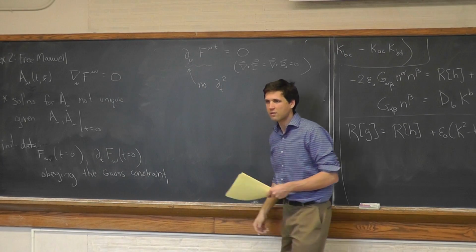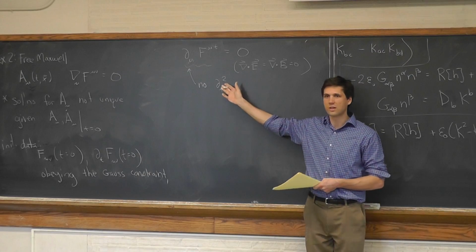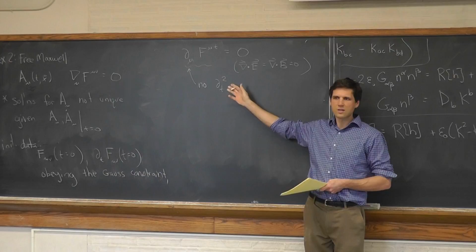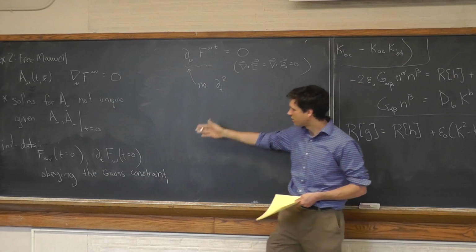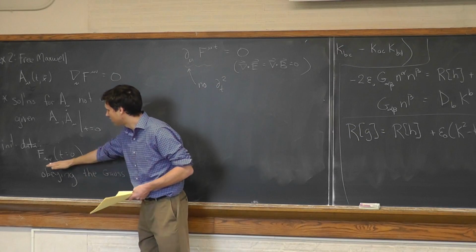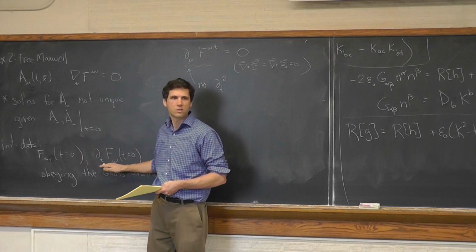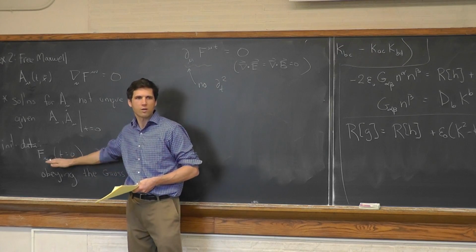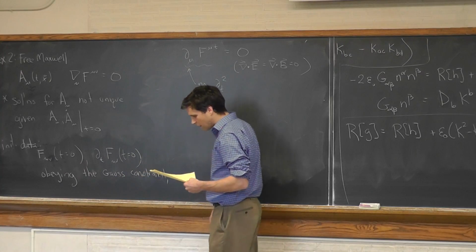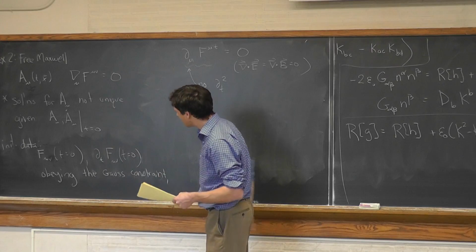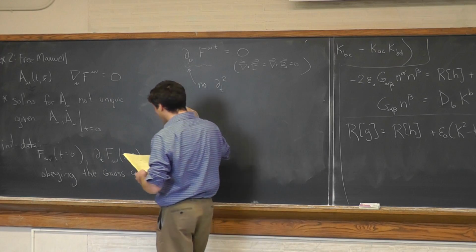Okay, so if you have an equation with no second time derivatives, then this is not an evolution equation. It's an equation on the actual data at time 0. You're not allowed to slap down any old B field. So the initial data is the E and B fields subject to this constraint.